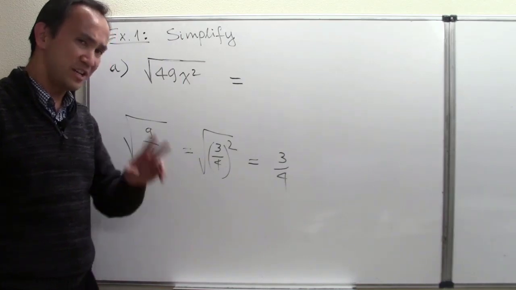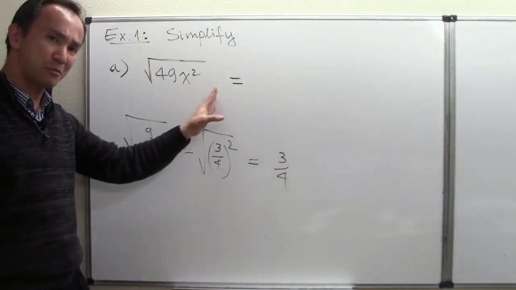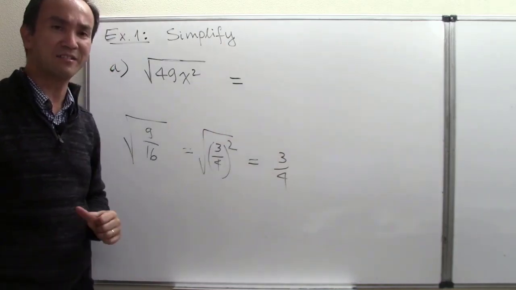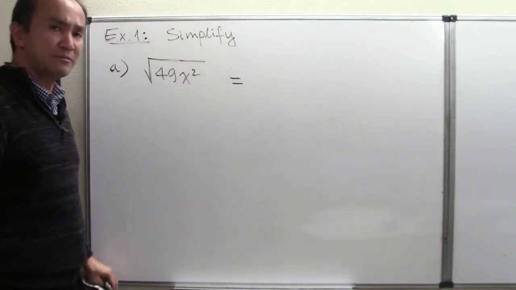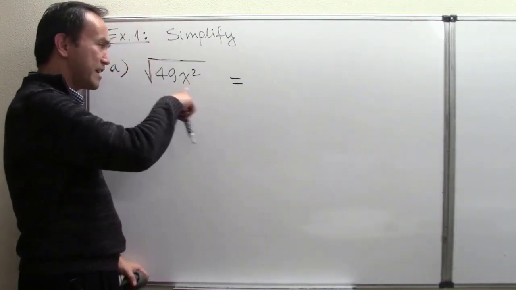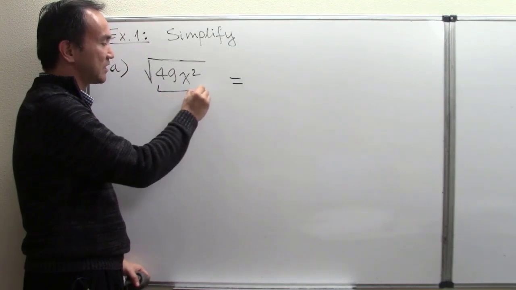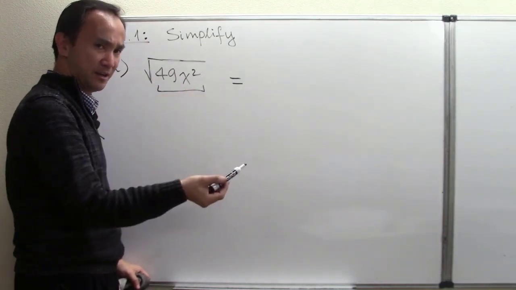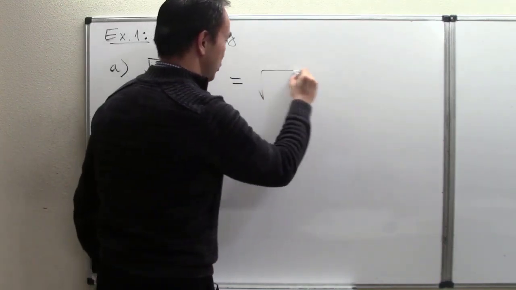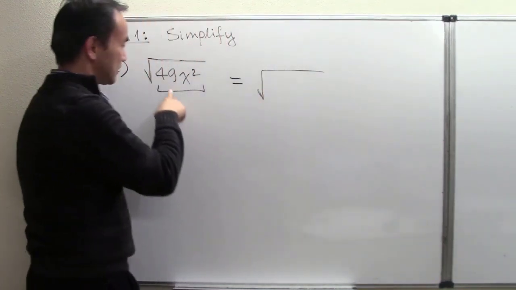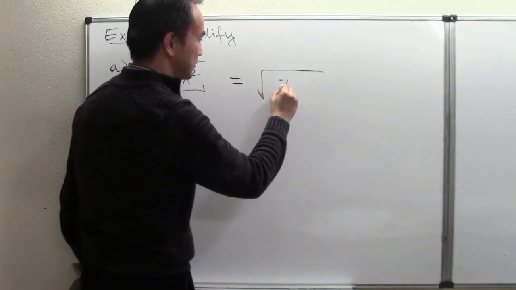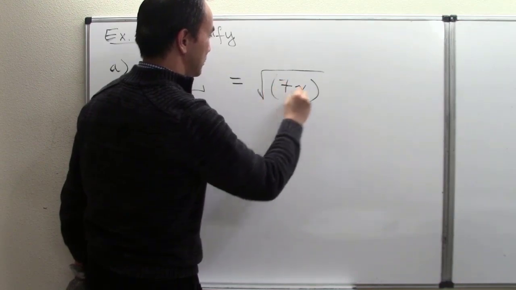That's how I'm bringing that philosophy into this problem, and we came up with that generalization prior to giving this example. So all I need to do is recognize the 49x squared as a perfect square before taking the square root. The square root operation is still here, but the entire 49x squared, in my next step, I see as 7x all squared.